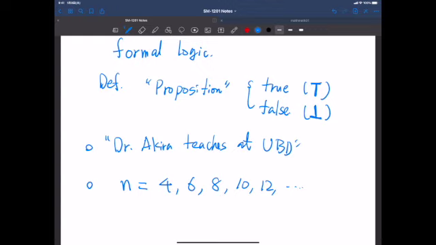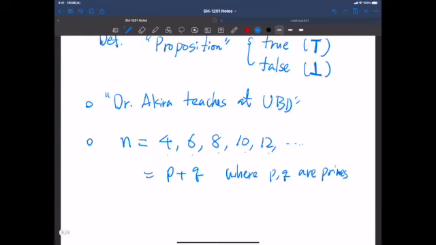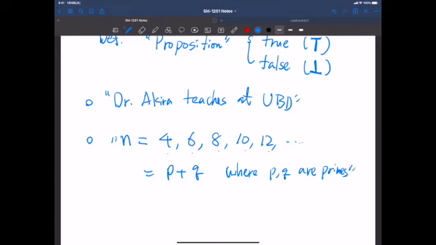Any such natural number can be expressed as a sum of 2 primes, p plus q, where p and q are primes. This is a statement that can be either true or false, so this is a proposition. We don't know if it's true or false, but it should be either true or false.